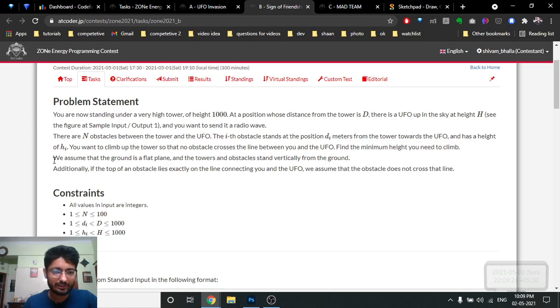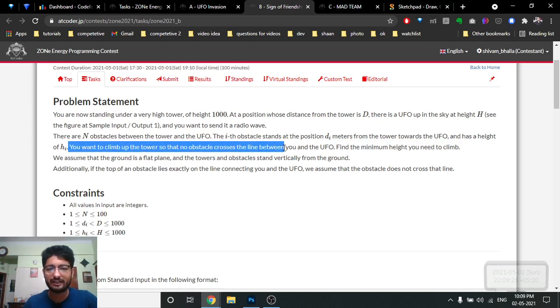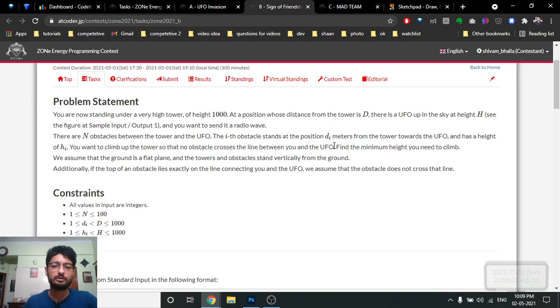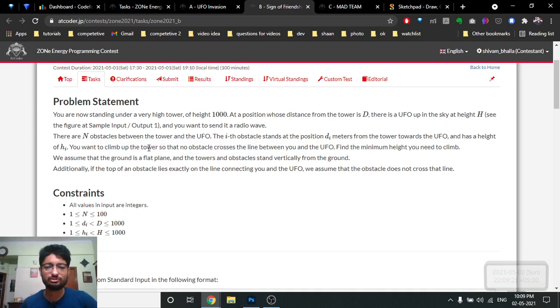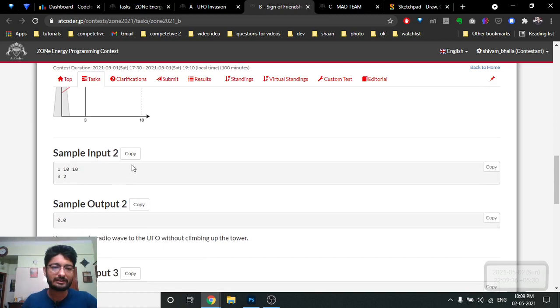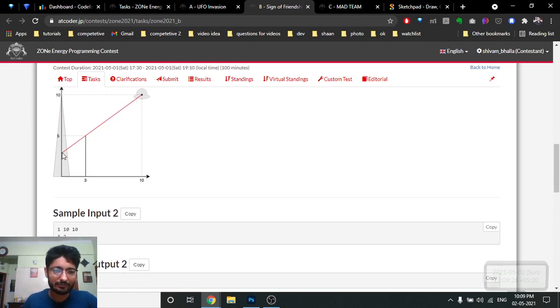So we assume that you want to climb up the tower so that no obstacle crosses the line between you and the UFO. You have to somehow climb up the tower so that there is no obstacle between you and the UFO. As you can see, if you climb up till this height, then there is a straight line after this height and no obstacle between you and the UFO.